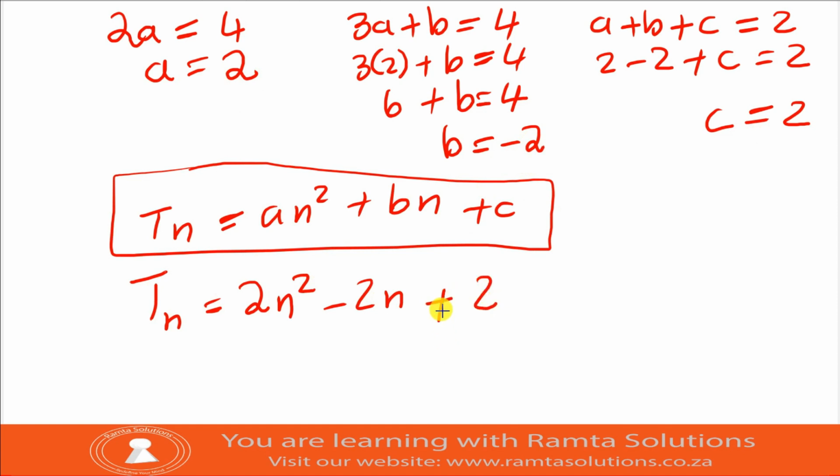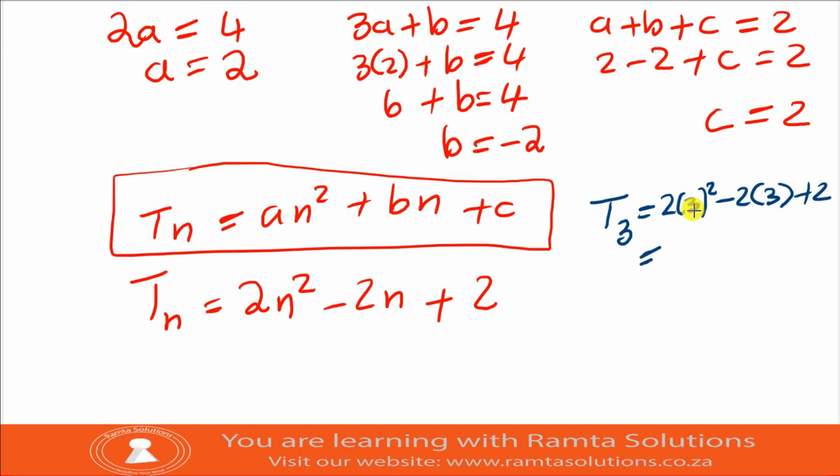Now, as usual, you need to prove whether your general term is correct. So what do you do? You then say, let me try with T3. Okay, so I'm gonna try, right, T3, where there's n, I put 3.